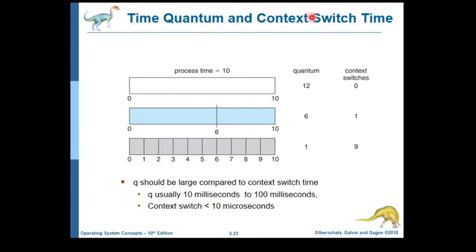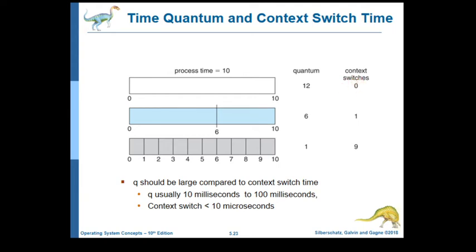Time quantum and context switch time. Assume for example that we have only one process of 10 time units. If the time quantum is 12 time units, the process finishes in less than one time quantum with no overhead.